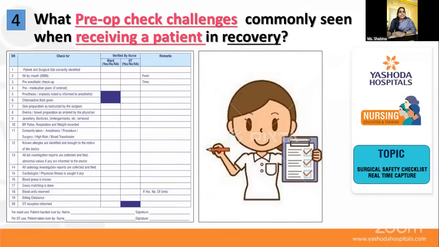On the first day of their posting, we give hands-on exposure right from orientation until assisting the surgeries in turn. We collaborate with the OT in-charges there, and we manage accordingly in order to learn the different aspects of OT procedures.